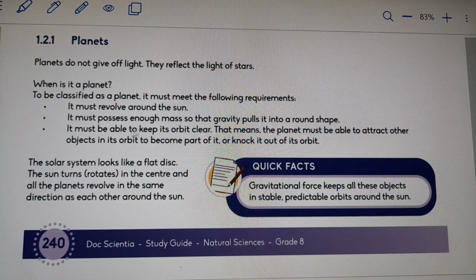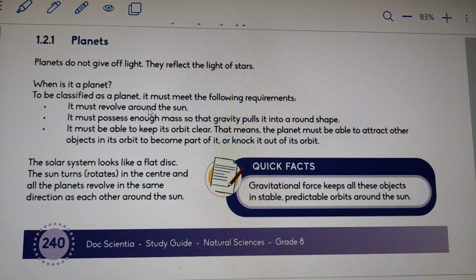And then it must be able to keep its orbit clear. That means that the planet must be able to attract other objects in its orbit to become part of it, or knock them out of its orbit. So these are the 3 requirements for any object to be classified as a planet.